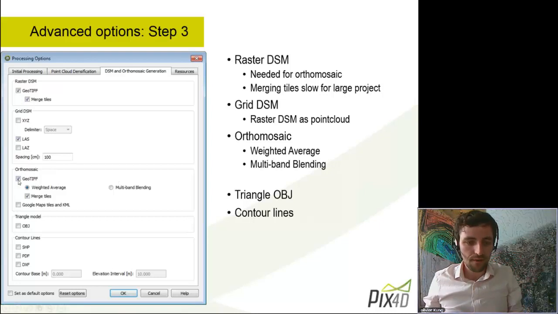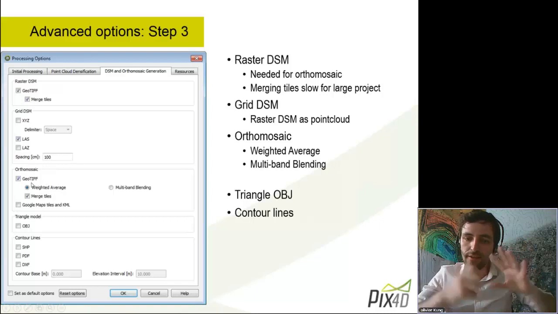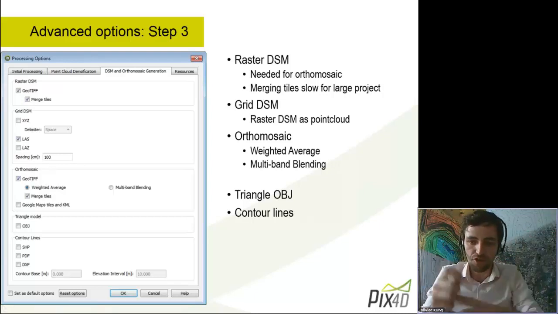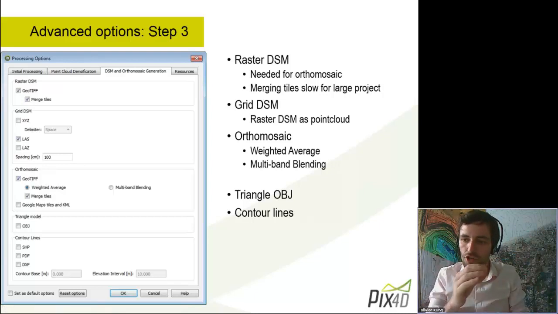Finally, the auto mosaic is outputted as GeoTIFF, and we offer two types of techniques to do the auto mosaic. By default, we have the weighted average, which is going to take a little bit of information from each image to generate each color for each pixel.